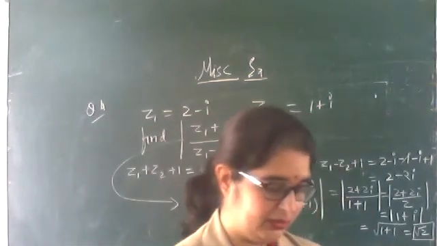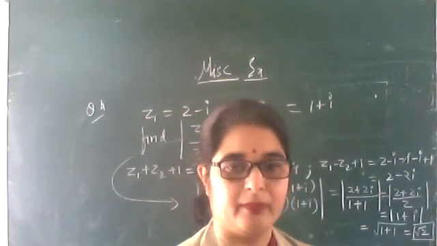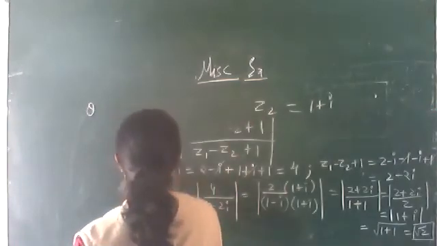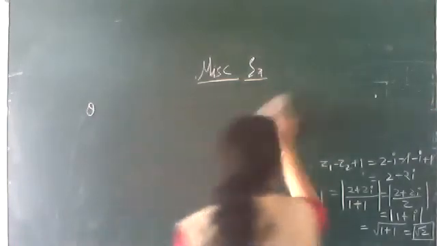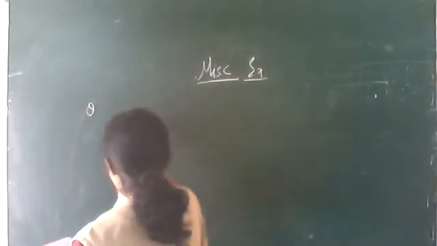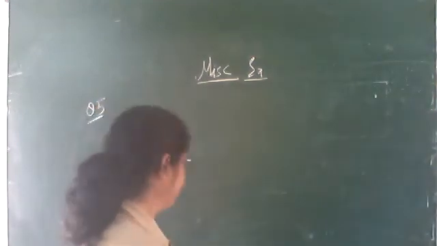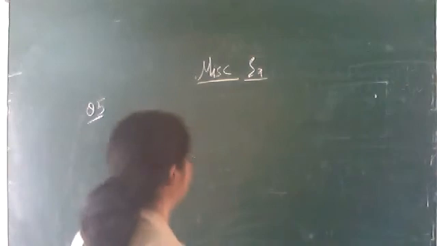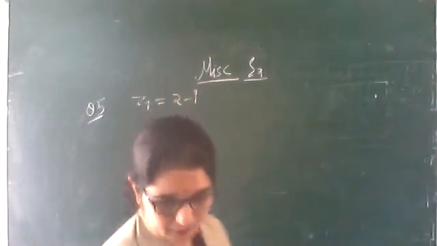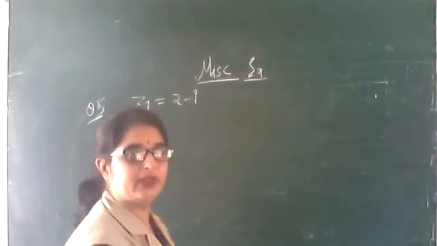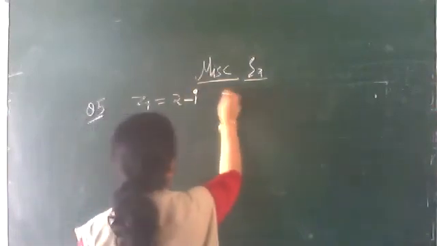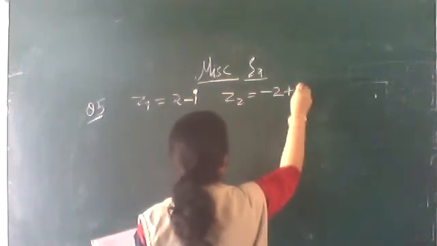Then come to question number 5. Now question number 5: Z1 is equal to 2 minus iota, and Z2 is equal to minus 2 plus iota.